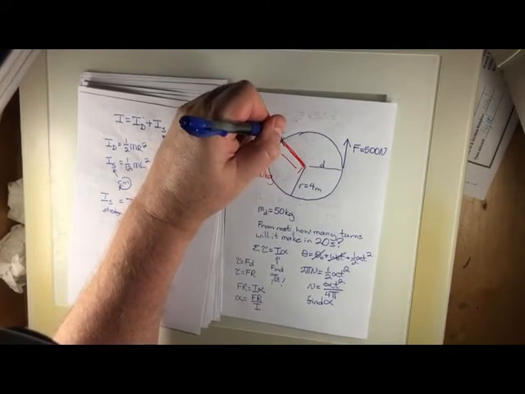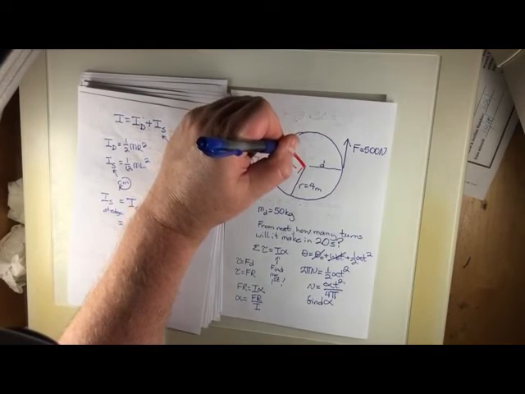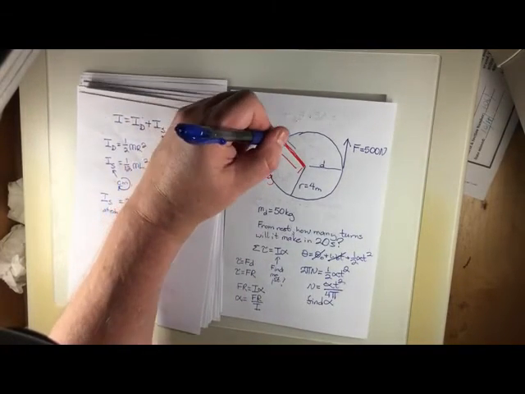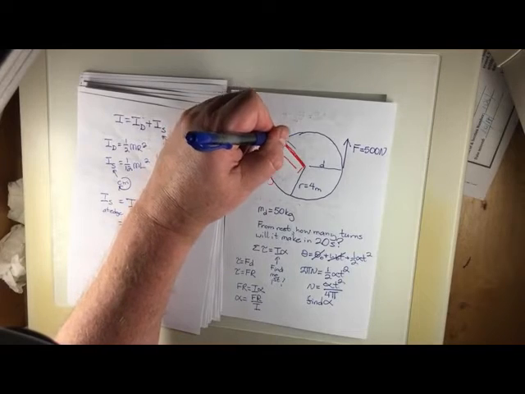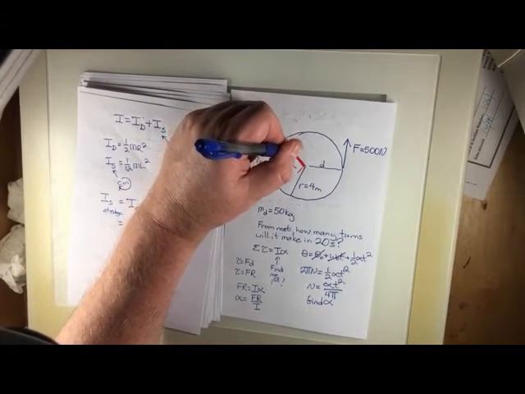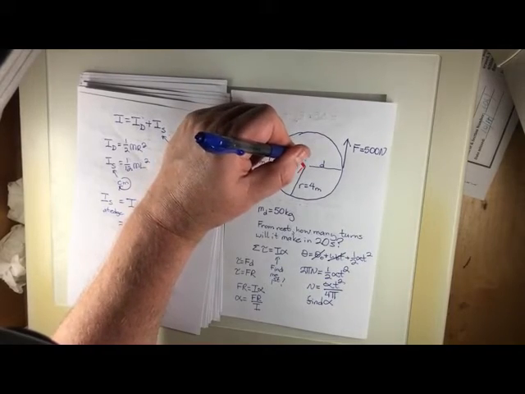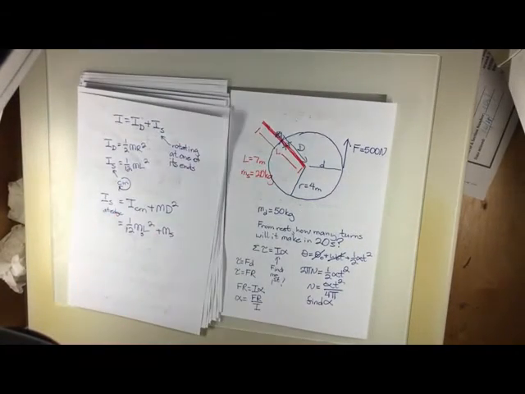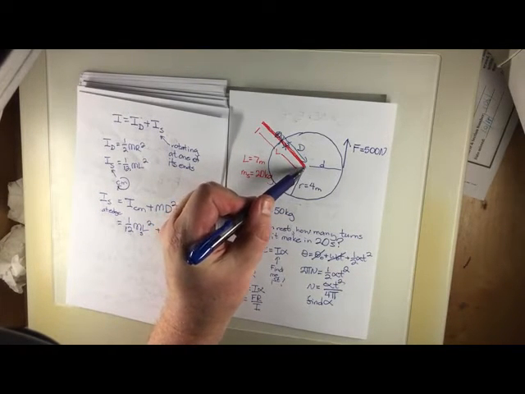D is the distance from the center of mass of the stick to the rotation point, which is here. Oh, this is not to scale. Oh wait, it kind of is.